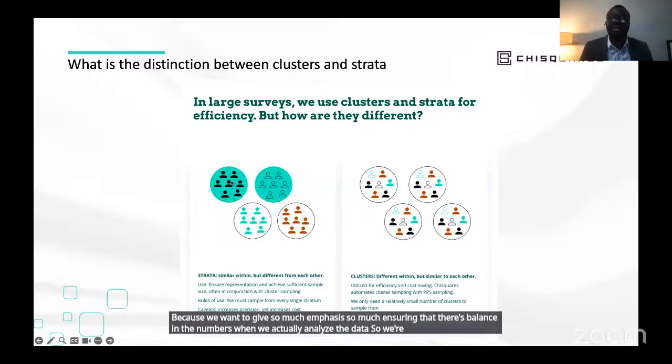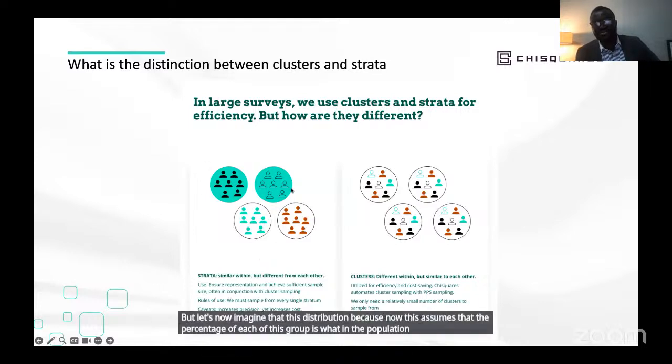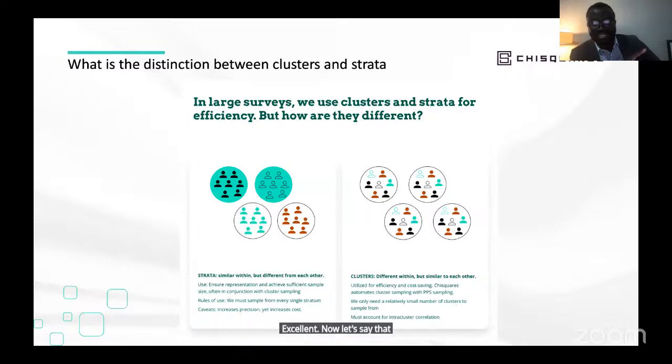But this assumes that the percentage of each of these groups is what in a population? That each of these groups represent what percentage of a population? Yes, like 25%. Excellent.